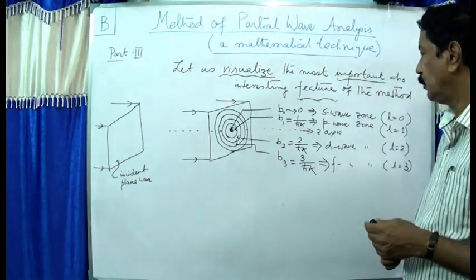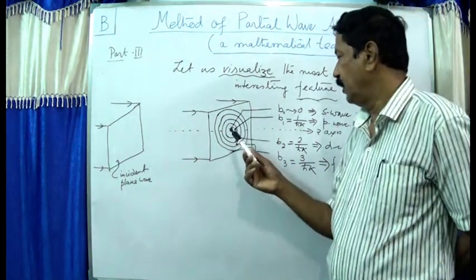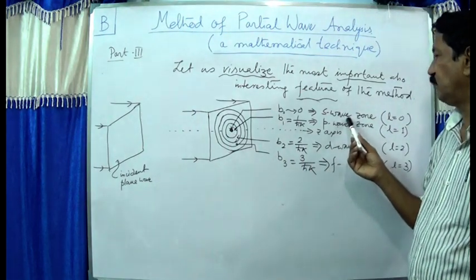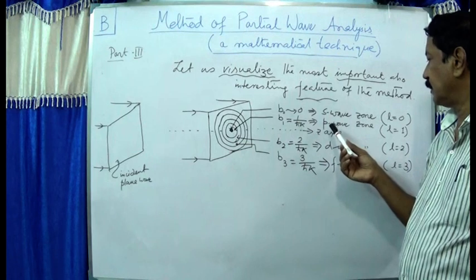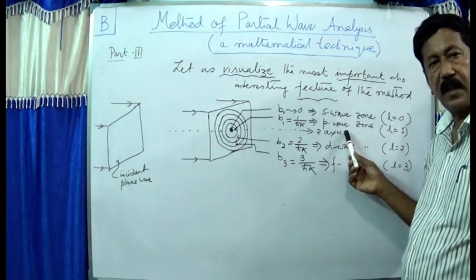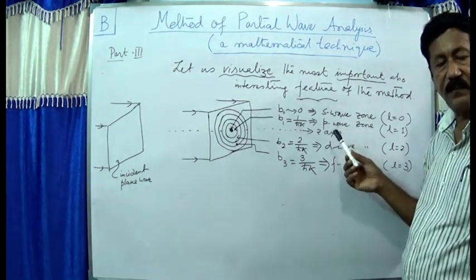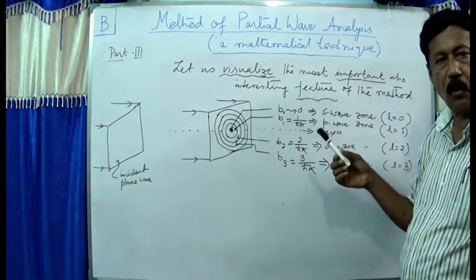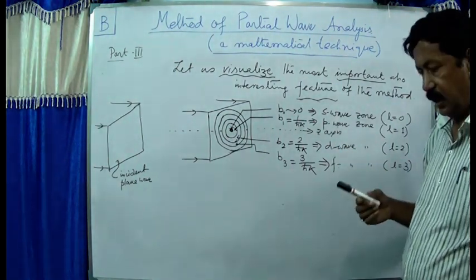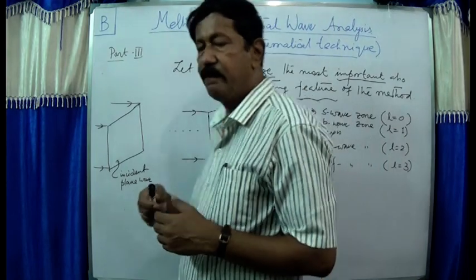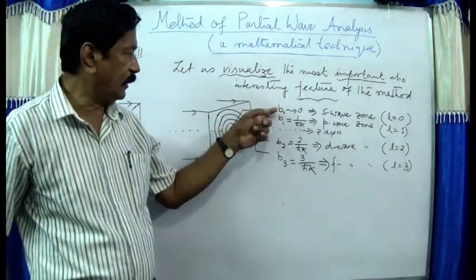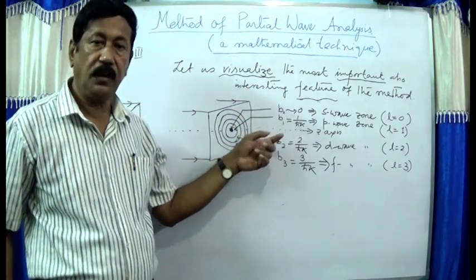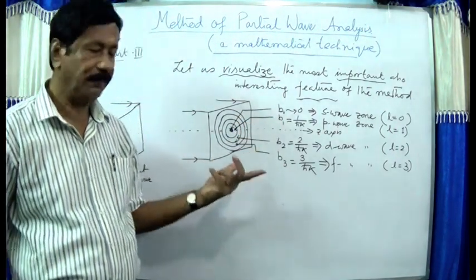That's why we say that from the S wave it will be affected to the P wave, if the potential is higher and higher. The affected regions will spread more from S wave to P wave to D wave and F wave.